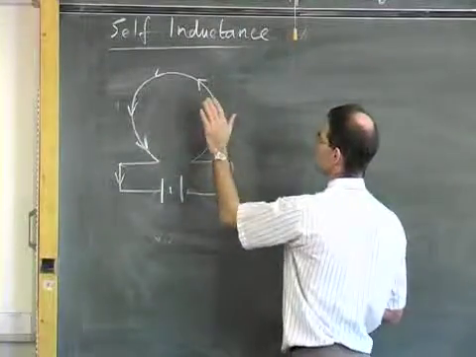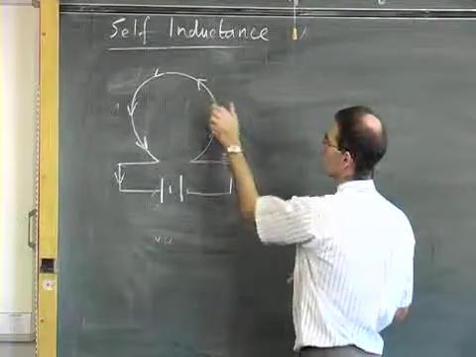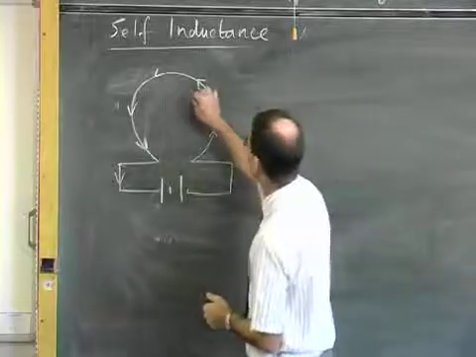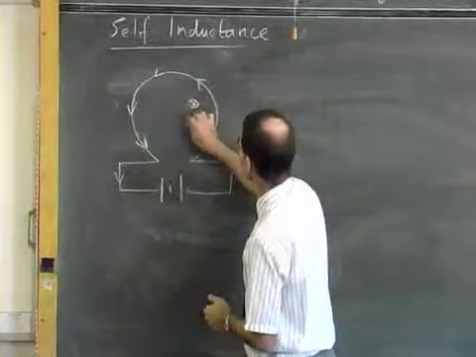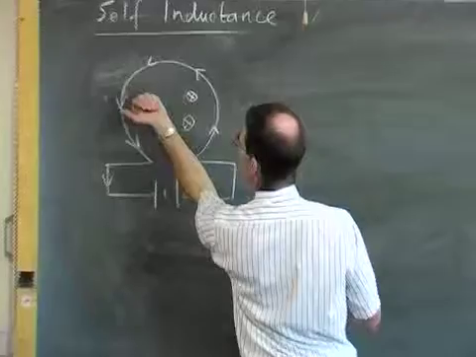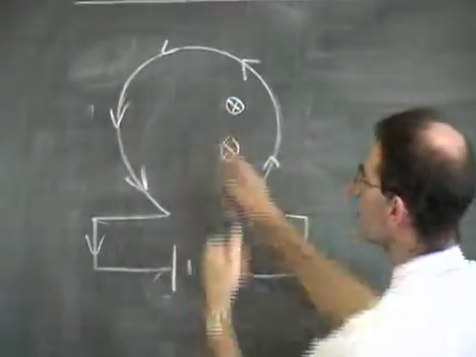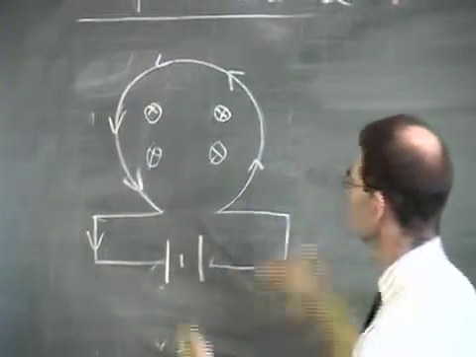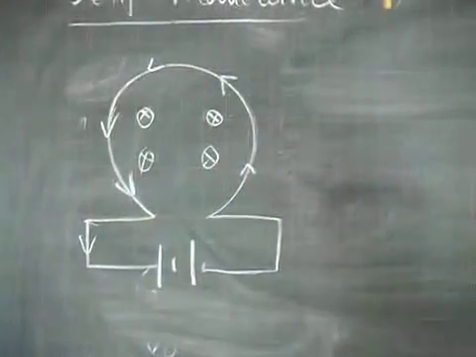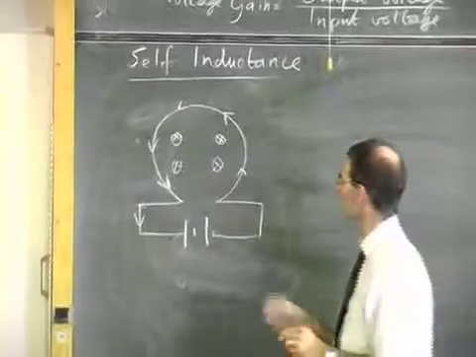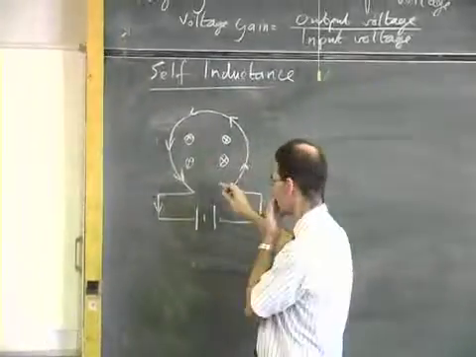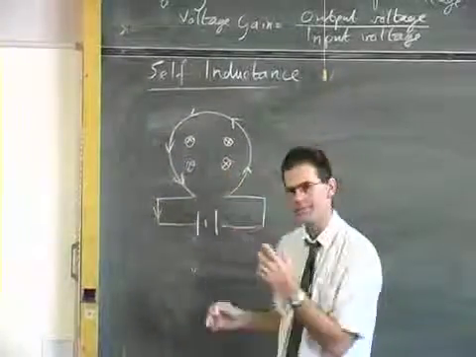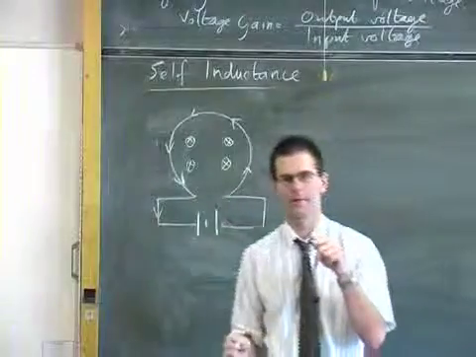Because the motion of the electrons is that way and you're gripping around that way, it's going to cause a magnetic field going into the page over here. As it comes down that way, again it's going to be curving round, and again it's going to be going into the page on that side. So we've got a magnetic field going into the board like that. Now, this is the key thing.